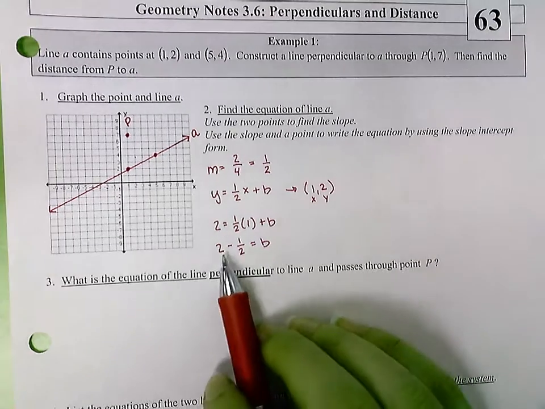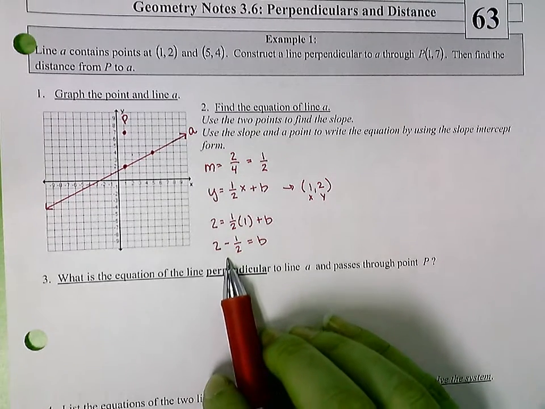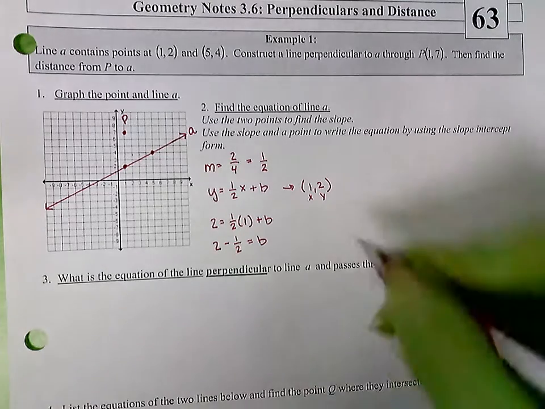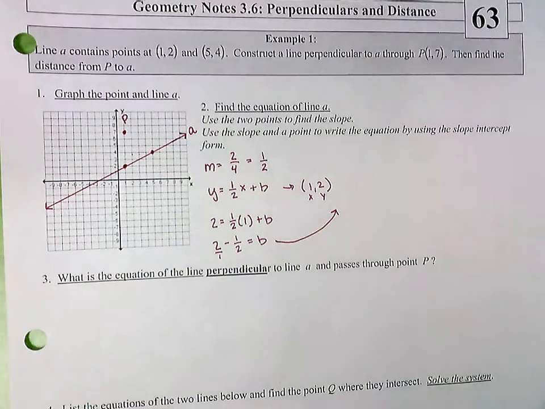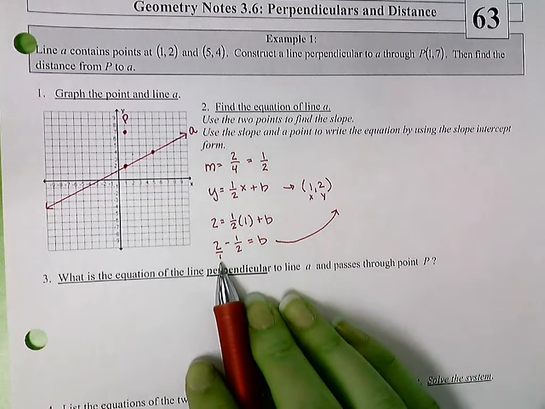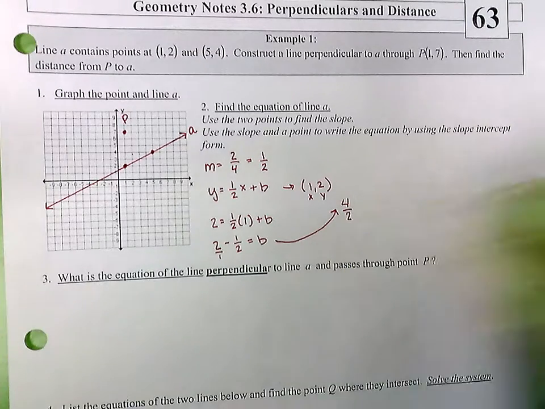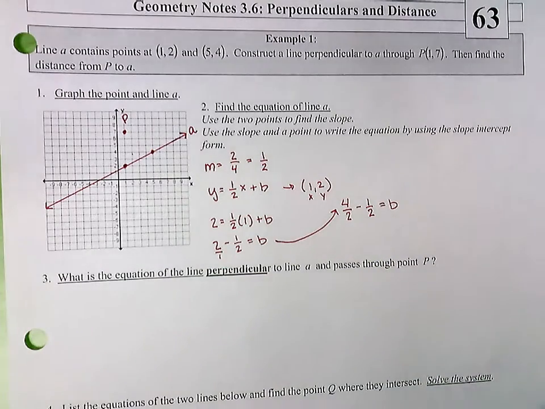Okay, so here, in order to combine your fractions, you need a common denominator. Okay, so right now I have 2, and 2 would normally be over 1. So I need that denominator to be 2. So I can change that to 4/2 minus 1/2 equals b.